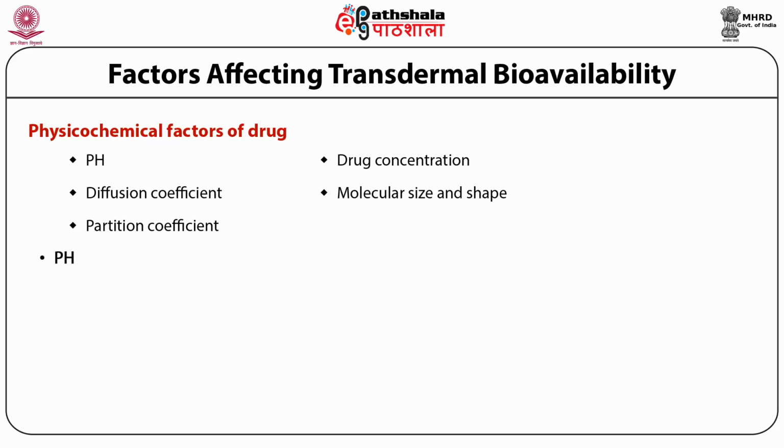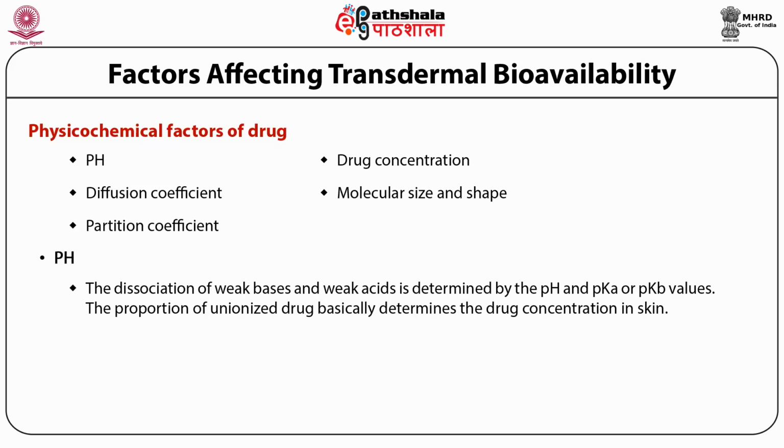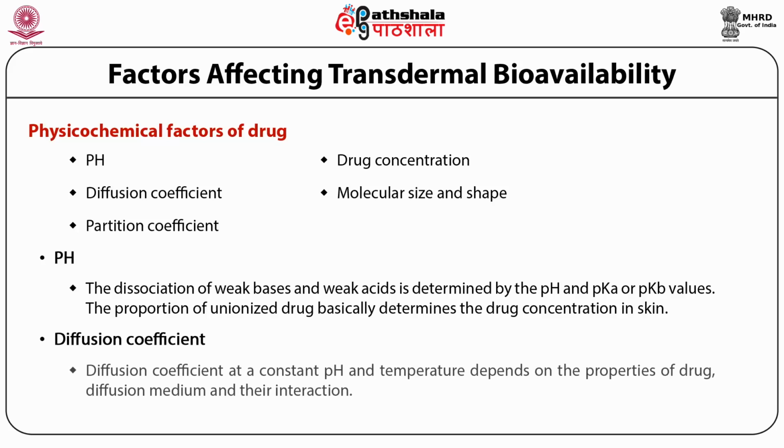Beginning with the pH, the dissociation of weak bases and weak acids is determined by the pH and pKa or pKb values. The proportion of unionized drug basically determines the drug concentration in skin. Diffusion coefficient at a constant pH and temperature depends on the properties of drug, diffusion medium, and their interaction.